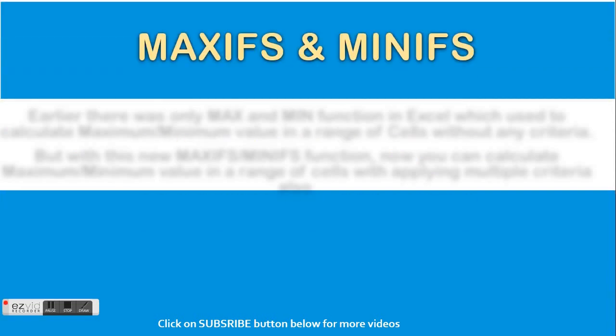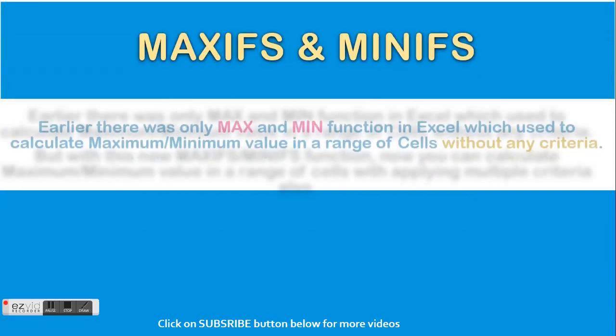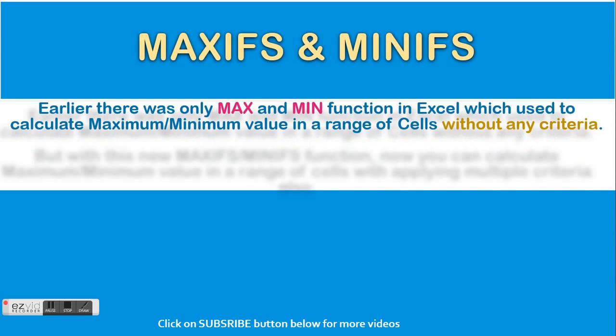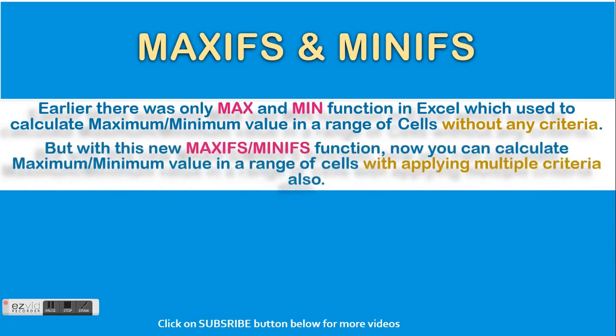Our next two functions are MAXIFS and MINIFS. Earlier there were only the MAX and MIN functions in Excel, which used to calculate the maximum or minimum value in a range of cells without any criteria. So what we were doing, we were simply giving a range and it was telling us the maximum value of that range or the minimum value of that range. But with these new MAXIFS and MINIFS functions, now you can calculate the maximum or minimum value in a range of cells by applying multiple criteria also.